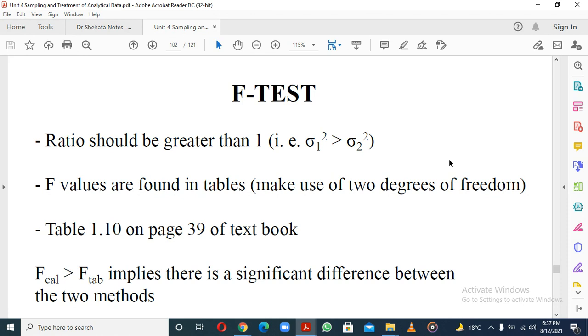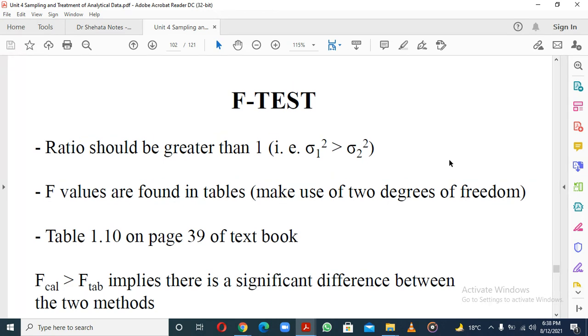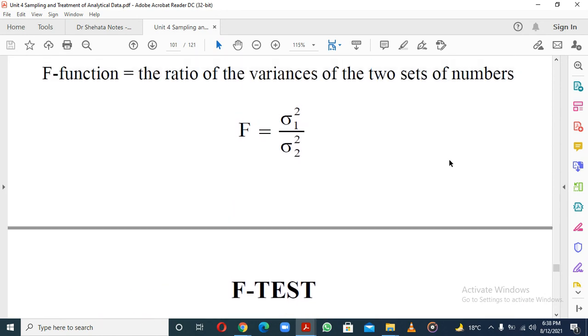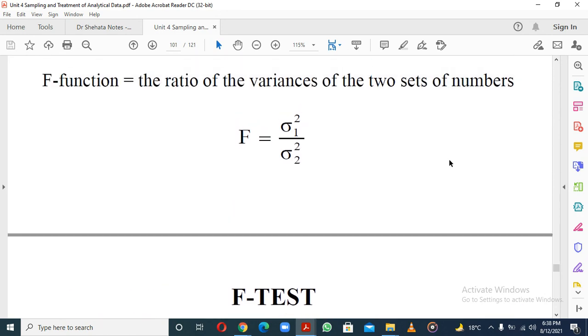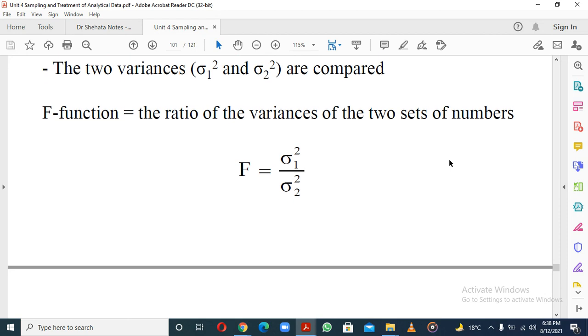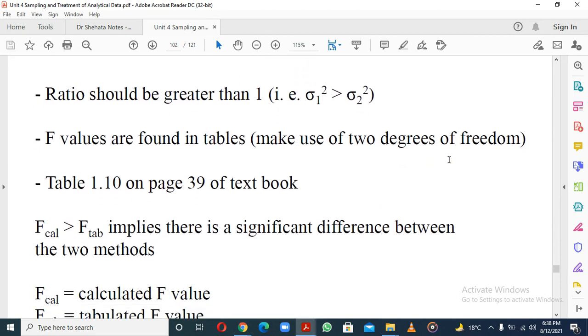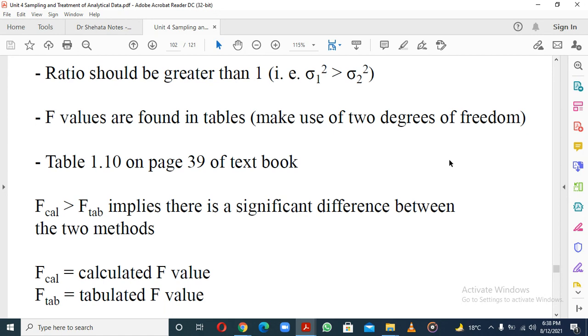So F values are found in tables, which make use of 2 degrees of freedom. Those degrees of freedom refer to the methods that you are looking at. So now how you do it again, it's the same thing that we've always been doing.